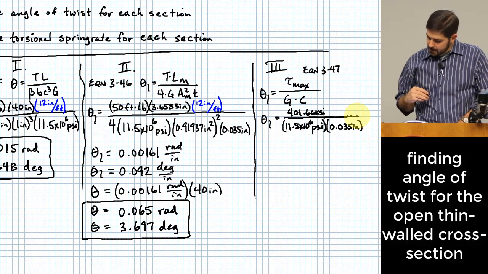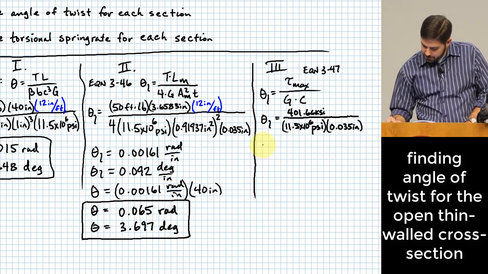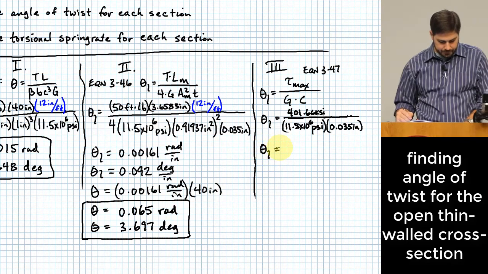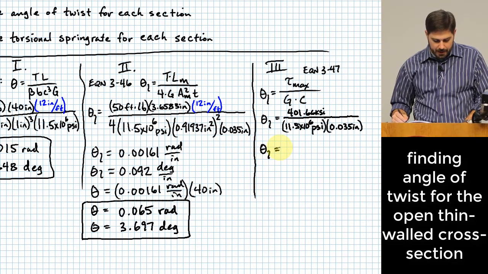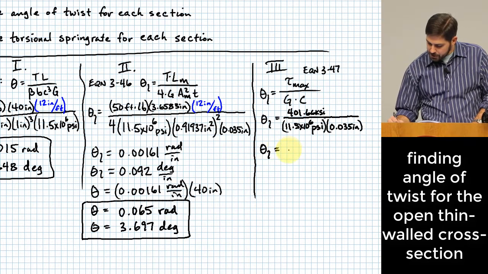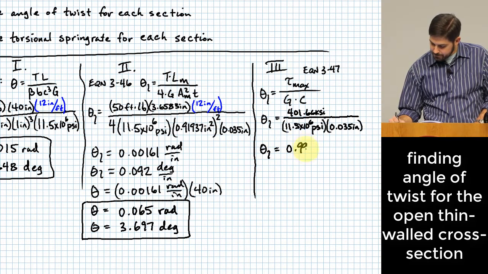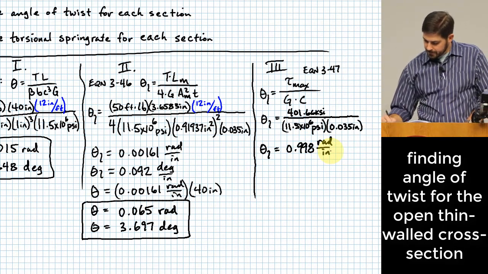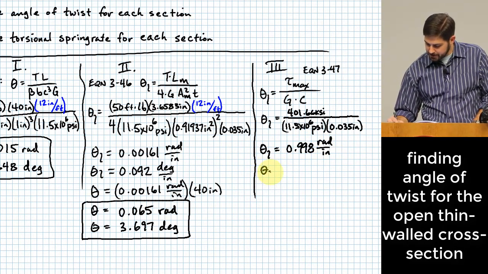All right. And if we plug these in, then we get an angle of twist per unit length of 0.998 radians per inch. What is that in degrees per inch?